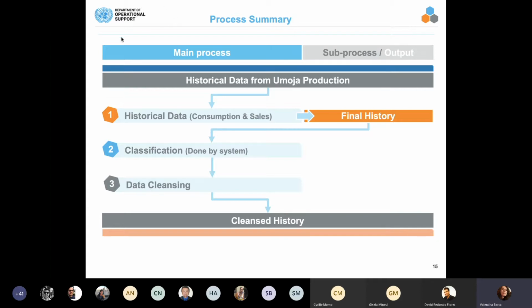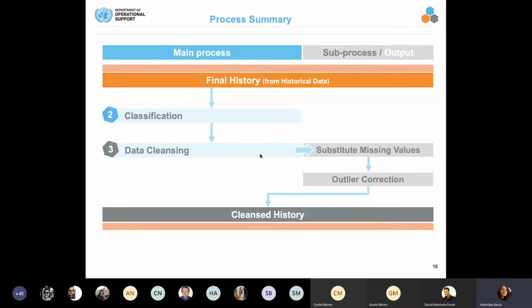Again, you see the historical data, the output is the final system, the classification, the data cleanse. Cleans history as output, and the classification and data cleansing with the 2 activities for the correction of the outlier and missing value.